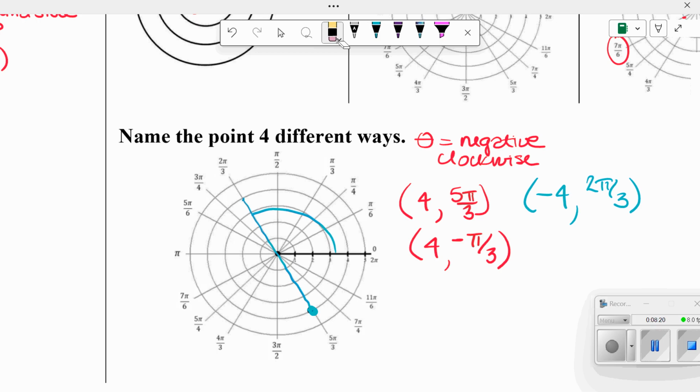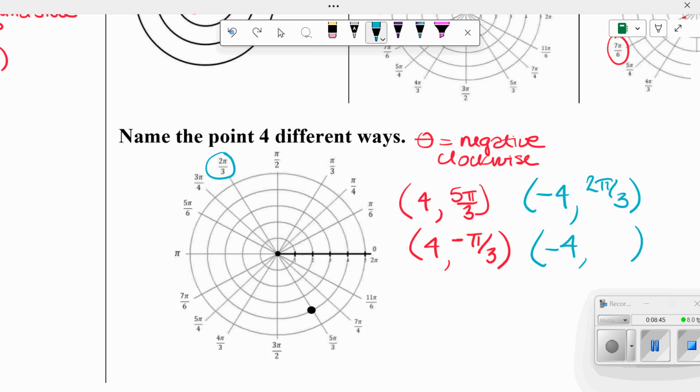All right, last one, we've got to come up with this. We still want R to be negative. So how else can I get to 2 pi over 3 so that I can shoot it across over there and make it into the opposite quad? So now I've got to think about how else I can get to this location. I've already gone counterclockwise to get to 2 pi over 3.